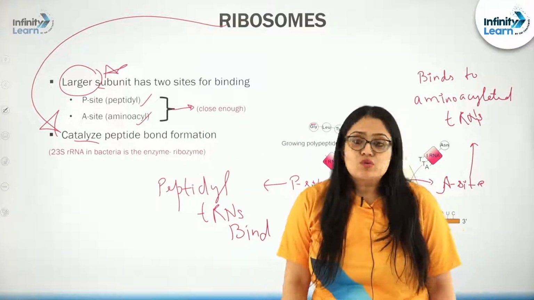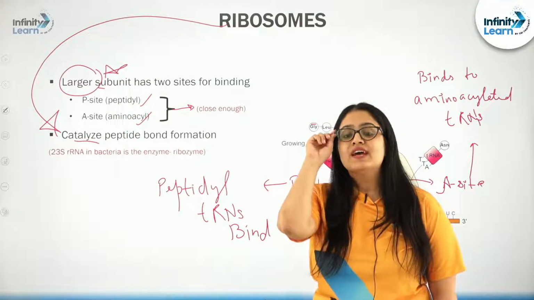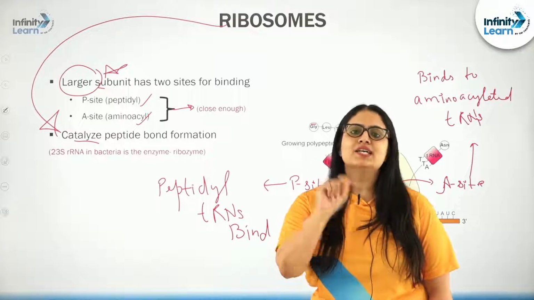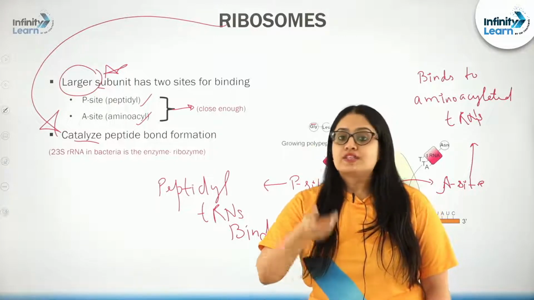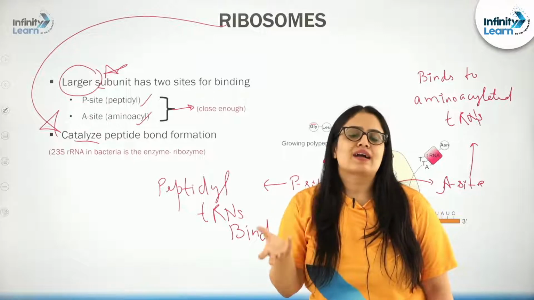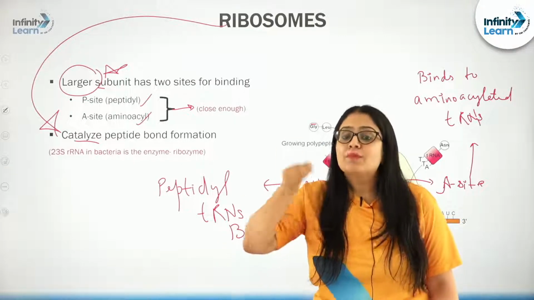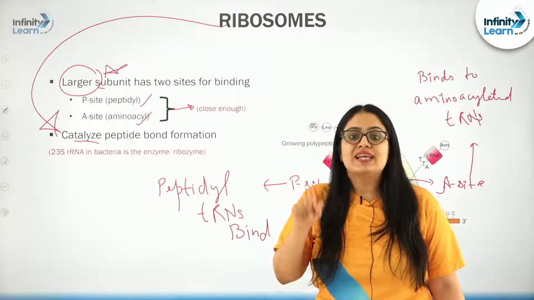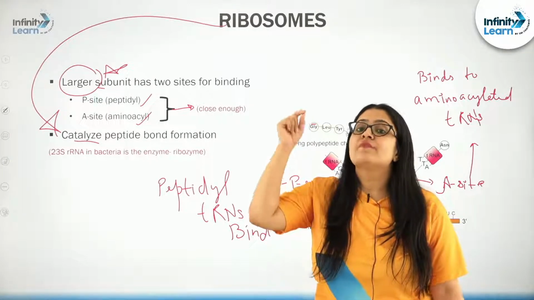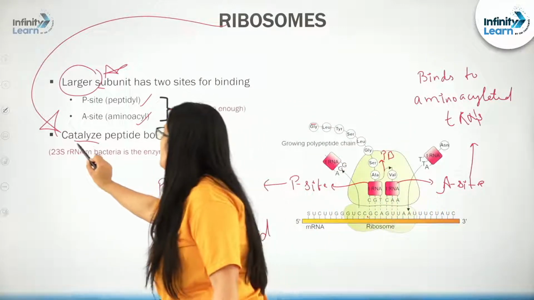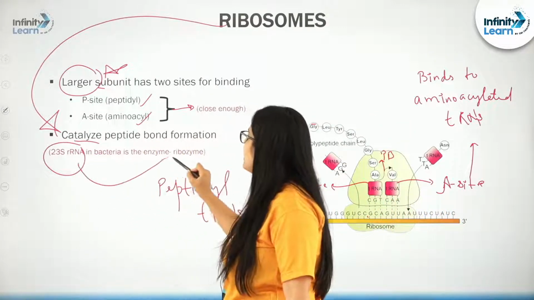And why, or how, ribosome? Do not forget, these ribosomes are made up of rRNAs, and you are familiar that rRNA has the ability to act as an enzyme, for example ribozymes. Specifically in bacteria, 23S rRNA will act as a ribozyme.